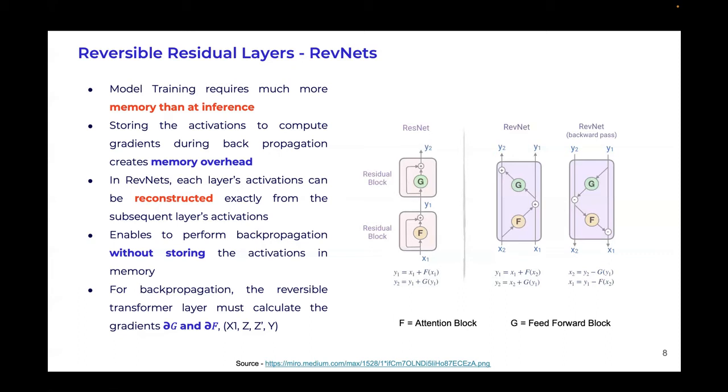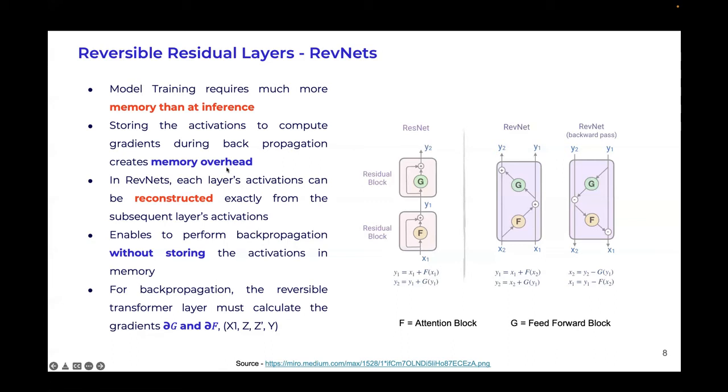Here, we do not store any activations during the forward propagation, irrespective of how many layers we have in the architecture. It might be 12 or 24 or 48, however many layers we have. Instead, during backpropagation, these reversible networks are able to recompute the forward activations on the fly, and later calculate the backpropagation.